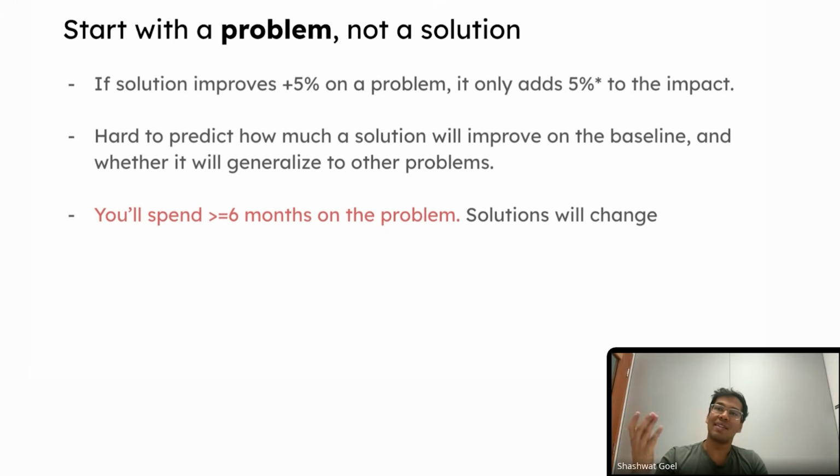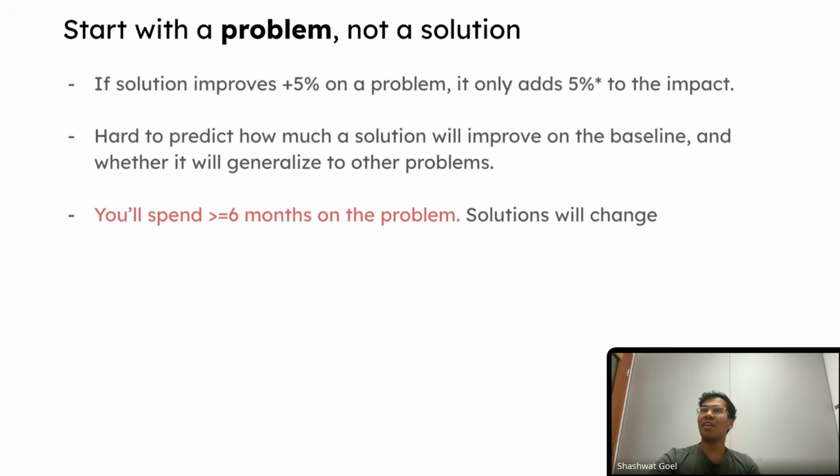You came up with an excellent solution, but people don't even want to hear about it because they don't find the problem interesting or important. So I guess this is one of the failure modes of purely curiosity driven research, where you might end up picking a problem which is not very important.